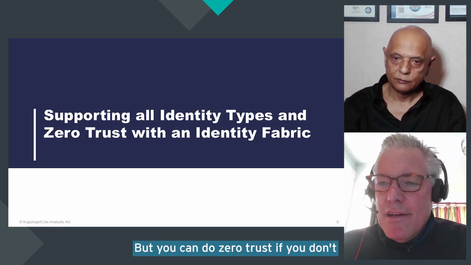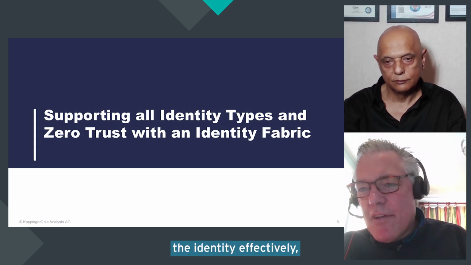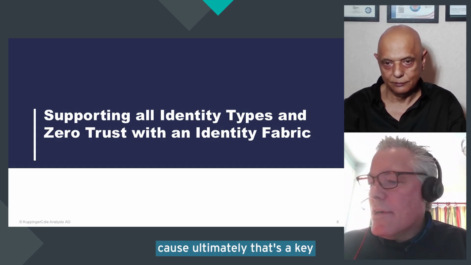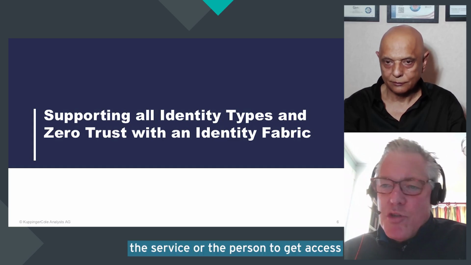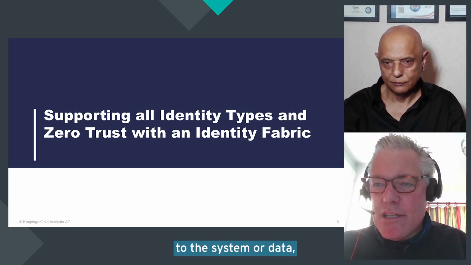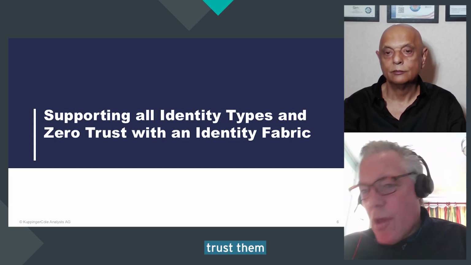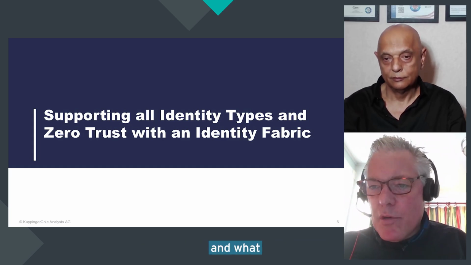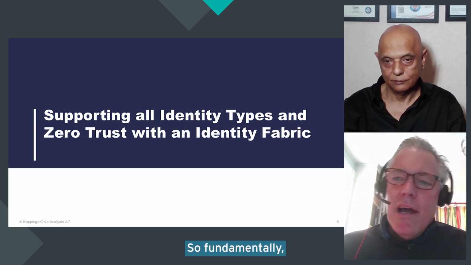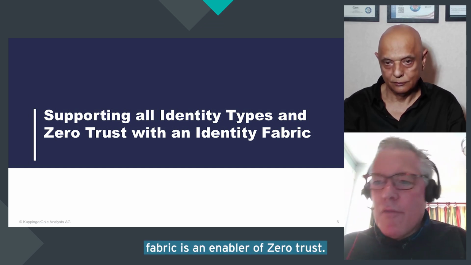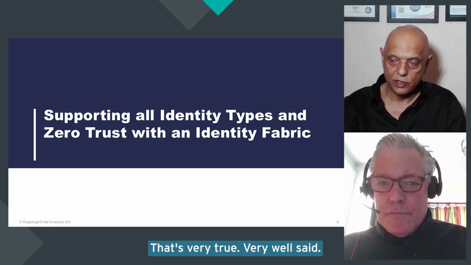But you can't do zero trust if you haven't managed the identity effectively, because ultimately that's a key input into whether the service or the person should get access to the systems or data, to trust them essentially, to verify who they are and what their access level should be. So fundamentally, identity fabric is an enabler of zero trust. I assume you agree with that. That's very true. Very well said.